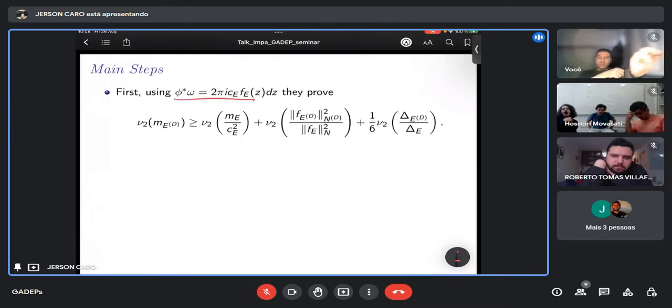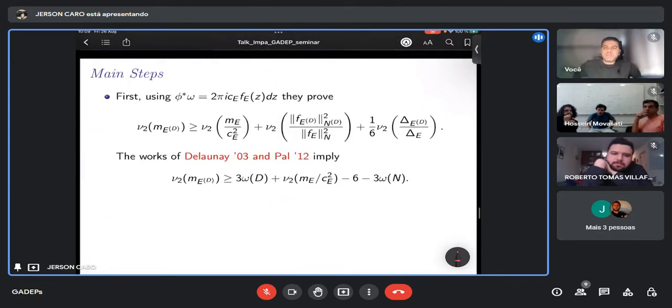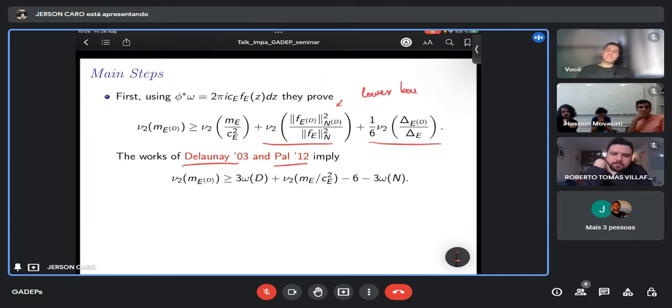So let me give you more or less the idea of the proof here. Using that the pullback is this quantity, we can integrate both sides, and we get something like that: the two-adic valuation is bigger than this quantity. And the thing is that Delaunay in 2003 and Pal in 2012 gave lower bounds for these two quantities.